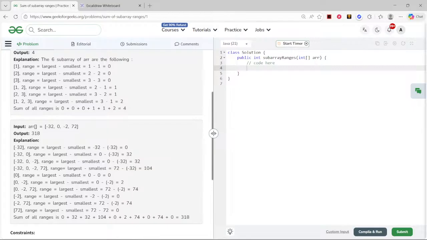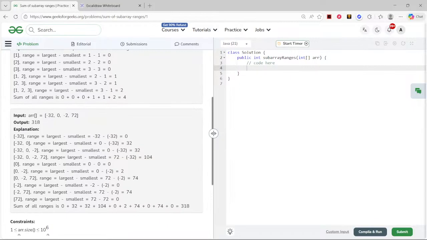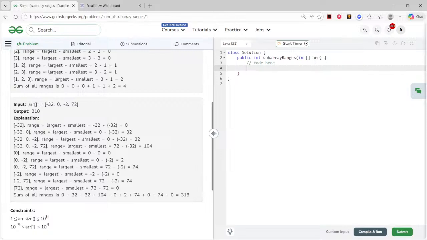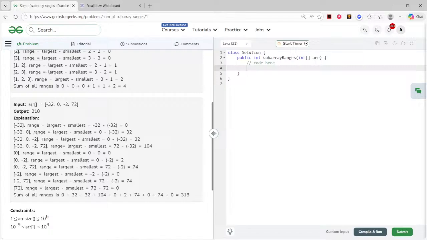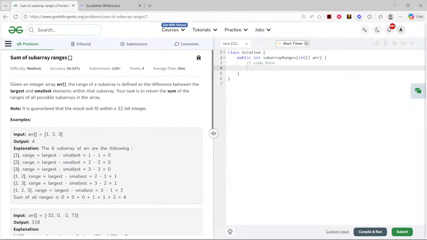For the second also, largest minus smallest, 2 minus 2. Then here we go, 1 2, the range is largest minus smallest, 2 minus 1 is equal to 1.